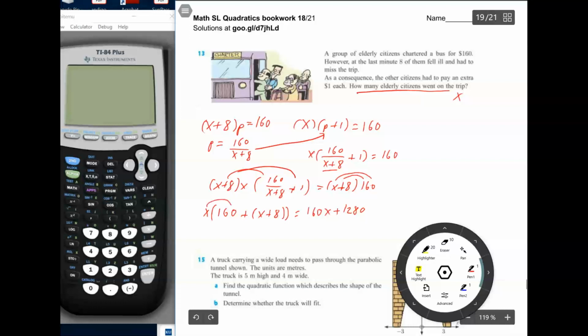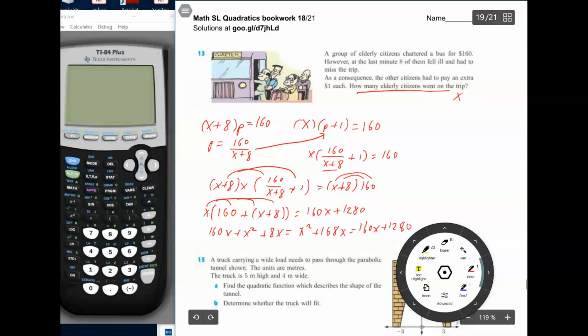Okay, now I'm going to distribute the X. So I'm going to have 160X plus X squared plus 8X. So I'm going to simplify that. It'll be X squared plus 168X equals 160X plus 1280.